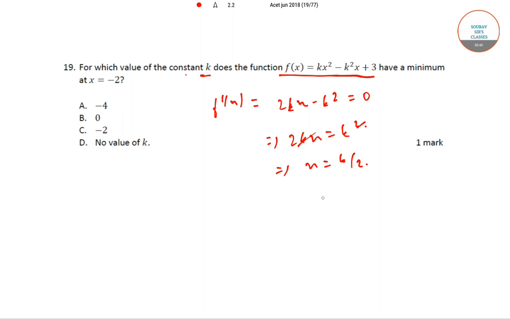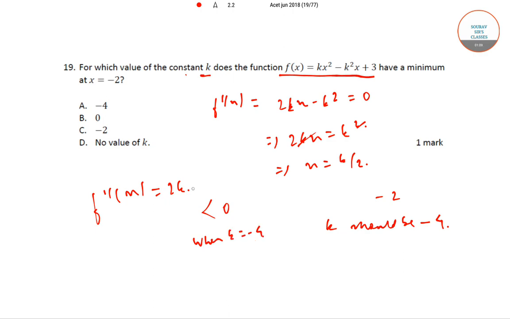For this to be equal to −2, k should be −4. Also, f''(x) = 2k, which is negative, less than 0, when k = −4.